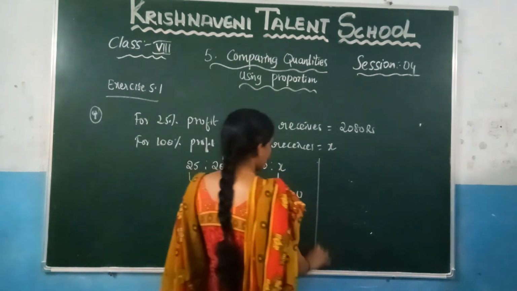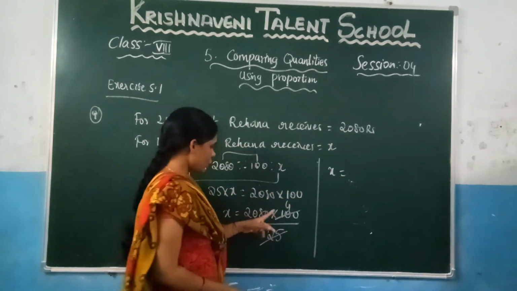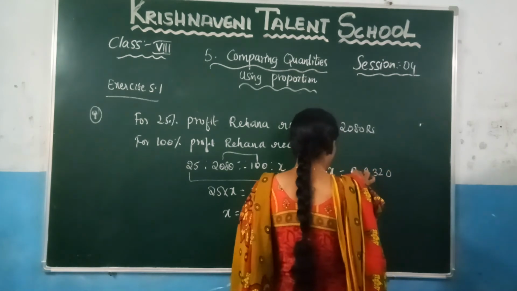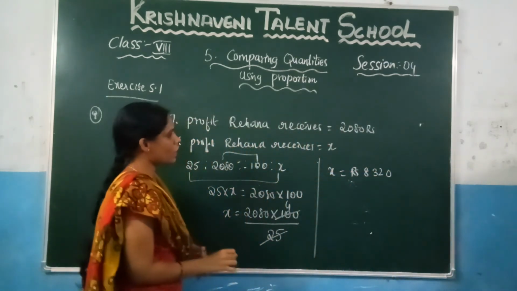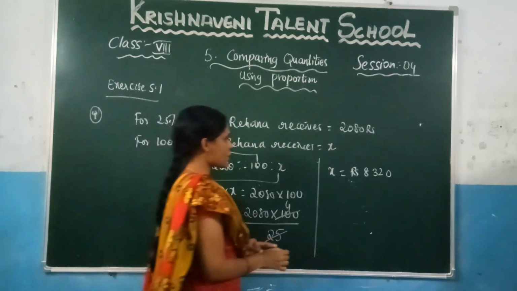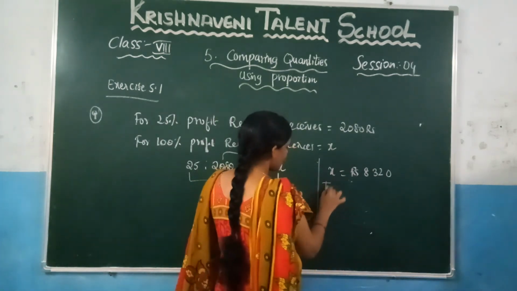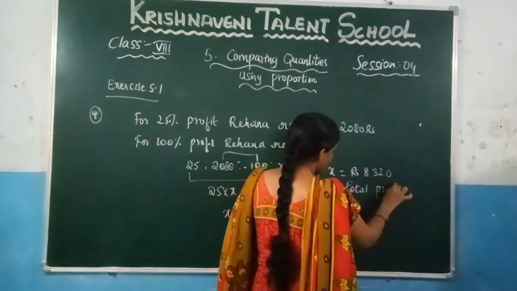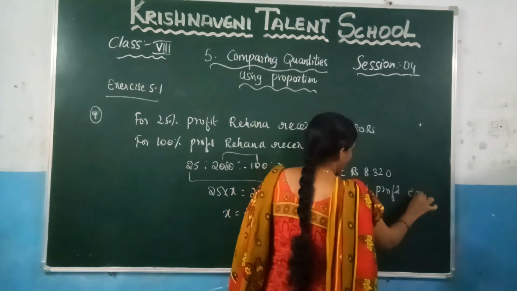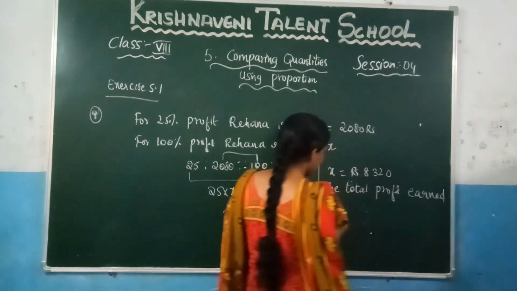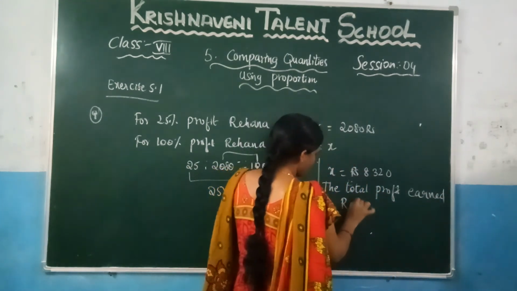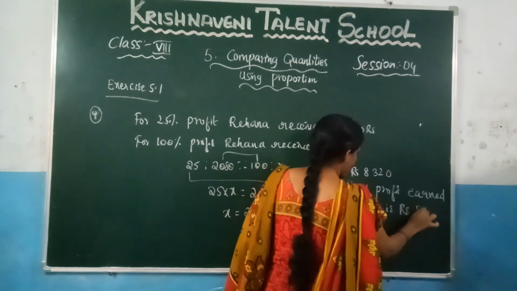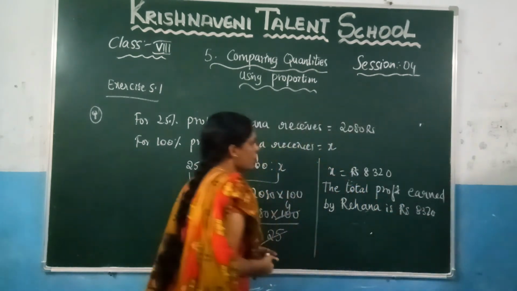What you are getting here, X is equal to 4 into 0, which is 0. After calculation we got it as 8320. Just now I have done it. So write it here, therefore the total profit earned by Rehana is 8320. This is the problem.